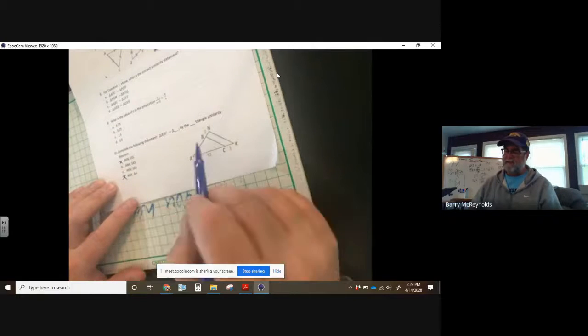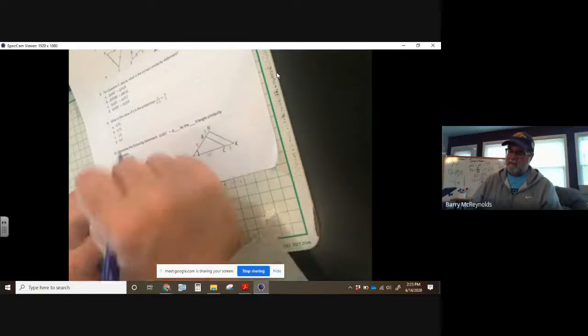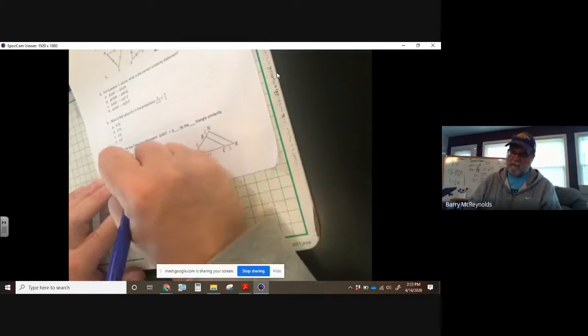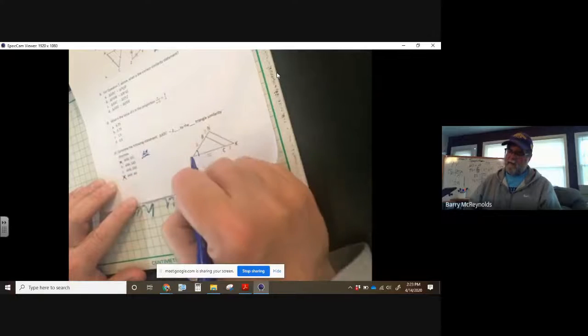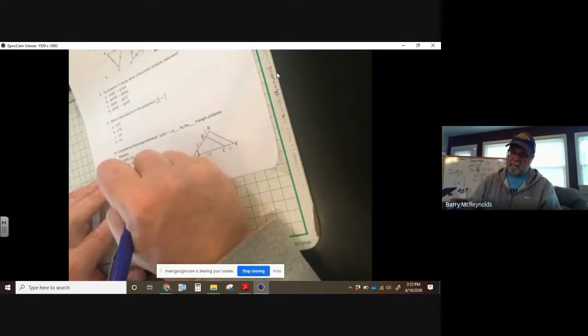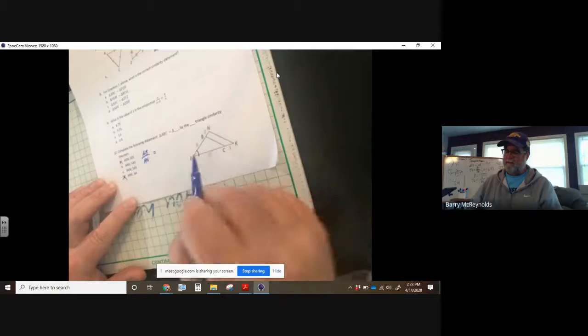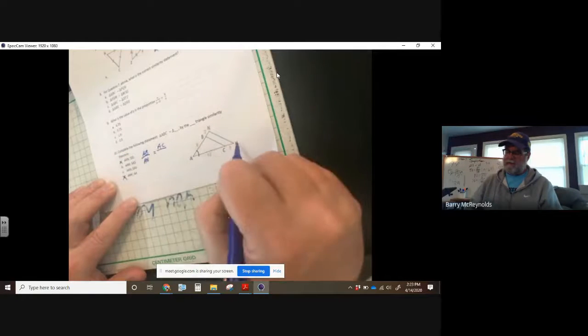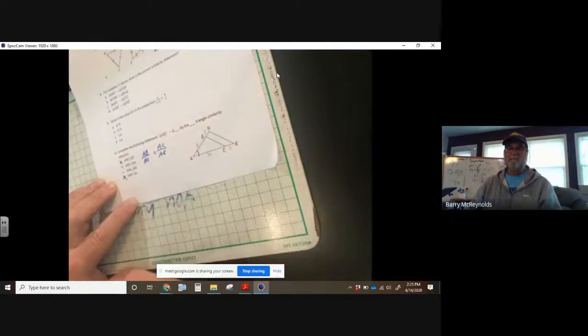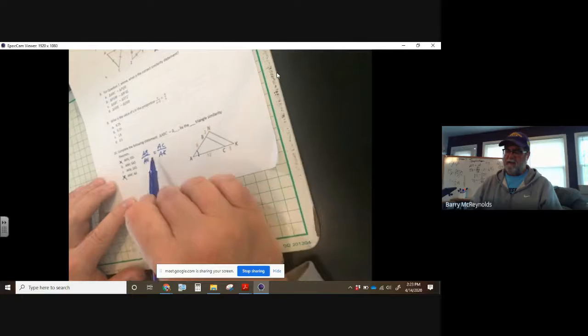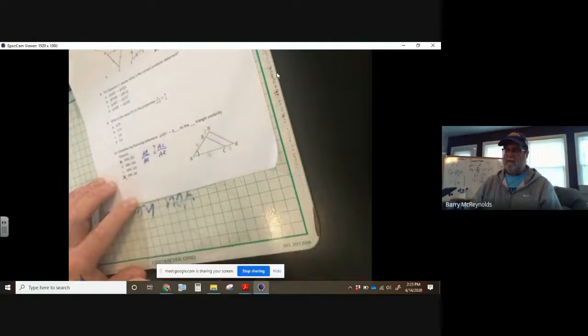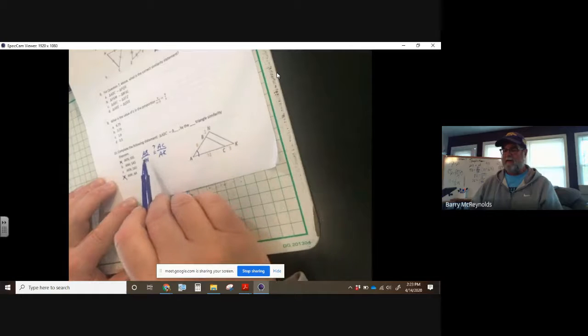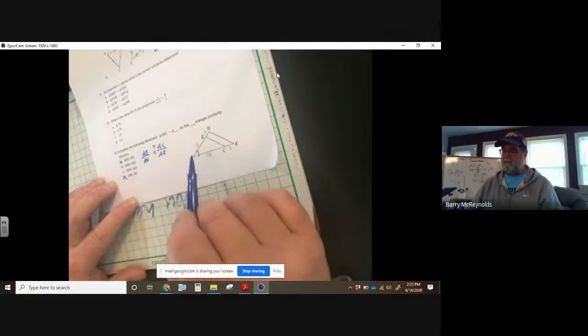So what that means is I need to be able to get the ratio of AB over AN to be equal to the ratio of AC over AK. And if that is true, then I can say, hey, these are similar by side-angle-side. So let's check.